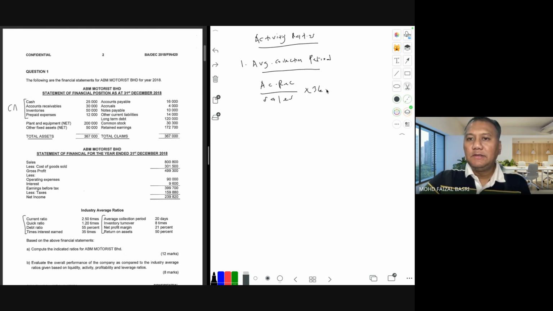Okay, so account receivable ambil dekat sini from current assets, which is 30,000. Your sales from here, 800,000. Then darab terus dengan 360.